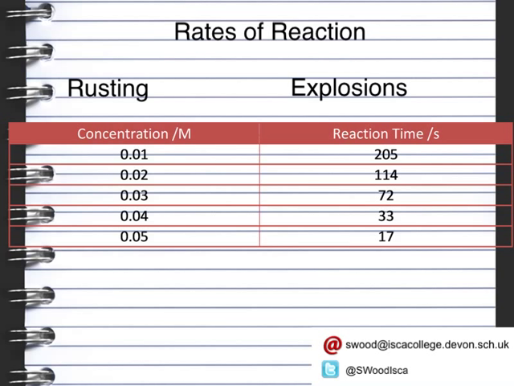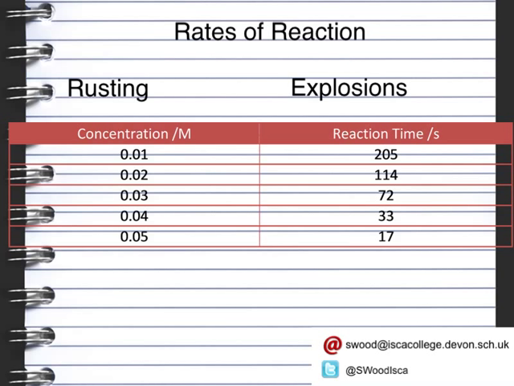Now this is because at low concentration we have a long reaction time. That means the rate is a lot slower, whereas when we get to the top we've got the faster reaction with the higher concentration. Now in an exam situation you might be asked to plot a graph showing these results.